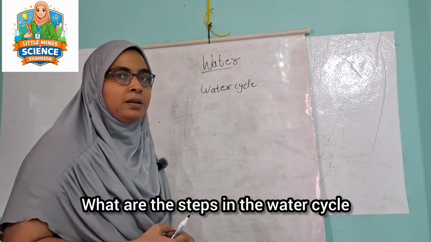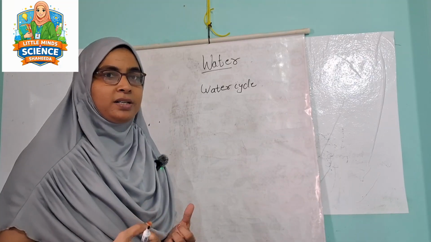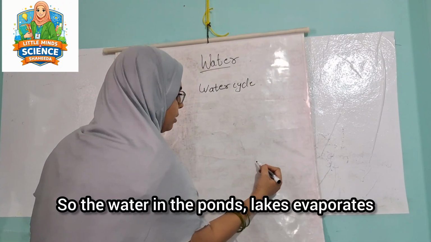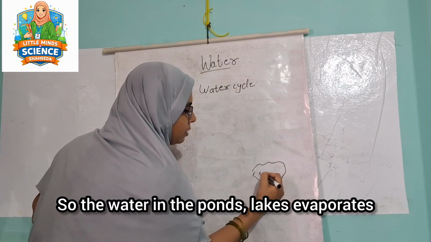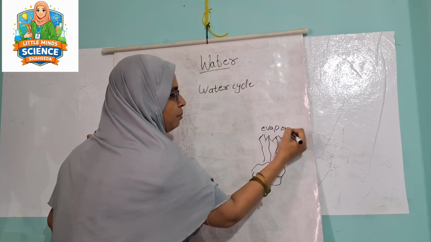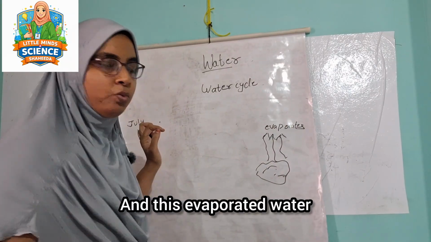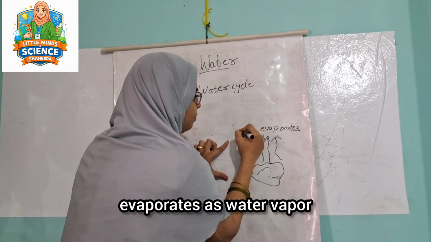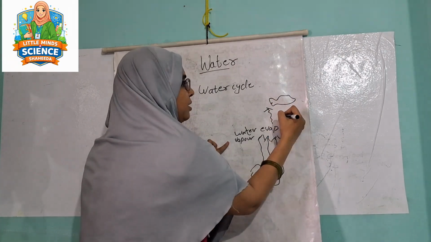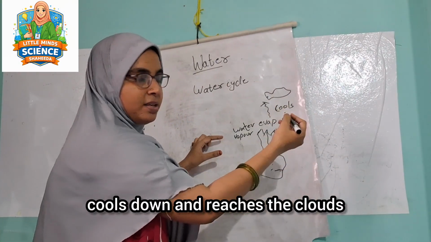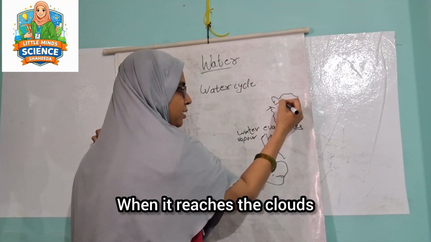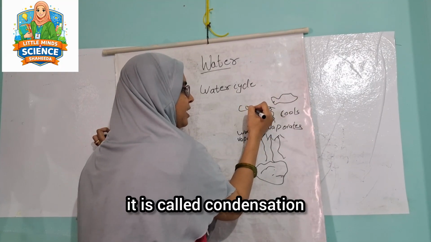What are the steps in the water cycle? First, the water in the ponds and lakes evaporates as water vapor and reaches the clouds. Here it cools down, and it is called condensation.